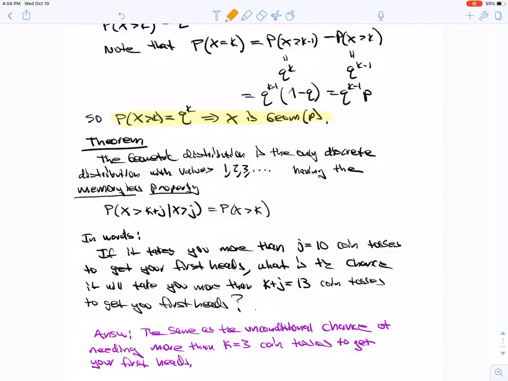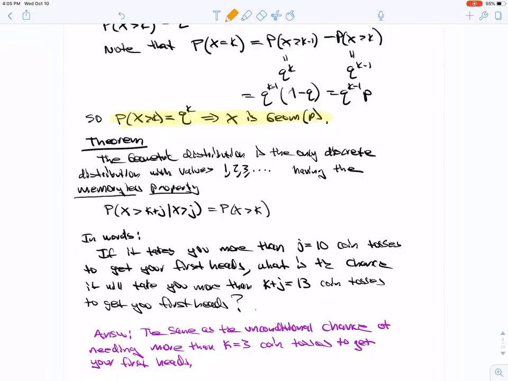The probability of X greater than k plus j, given that X is greater than j, is equal to the probability that X is greater than k. In other words, if you take more than 10 tosses to get your first heads, what's the chance it'll take you more than 13 tosses to get the first heads? Well, it's just the same as the probability that it takes more than 3 tosses to get your first head.